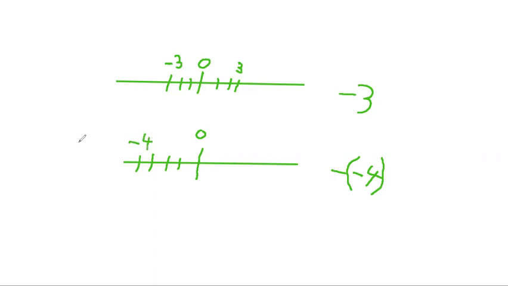So what's good for the goose is good for the gander. Minus a -4 means to reflect this position 4 units to the right of 0. So we'll be at 4, right? It's just a matter of what side of 0 you're on. If we started to the left of 0, minus a -4 is, of course, equal to 4.